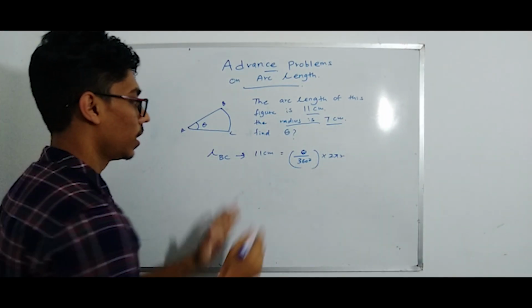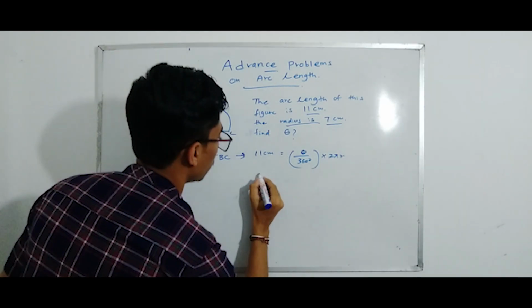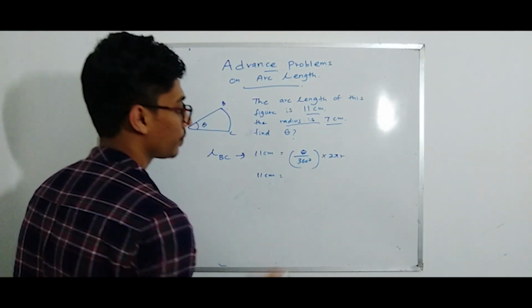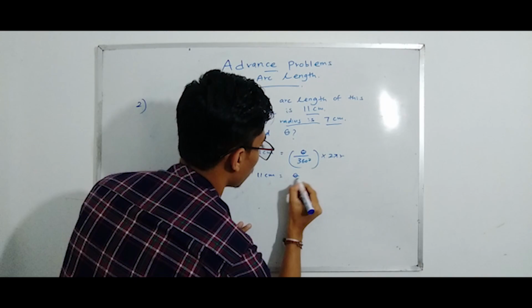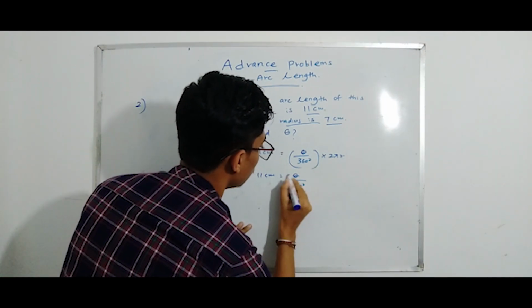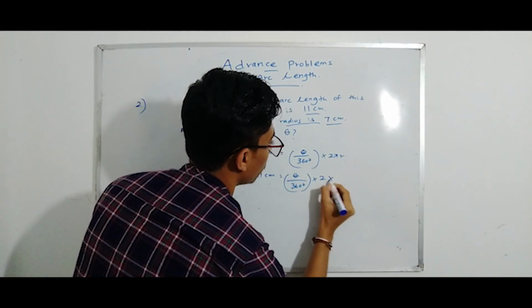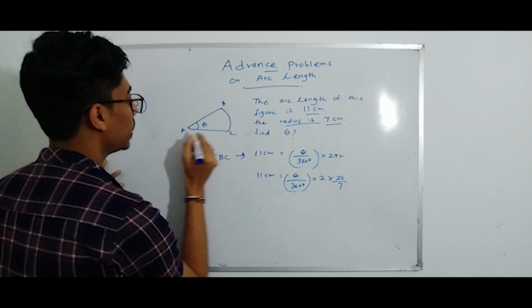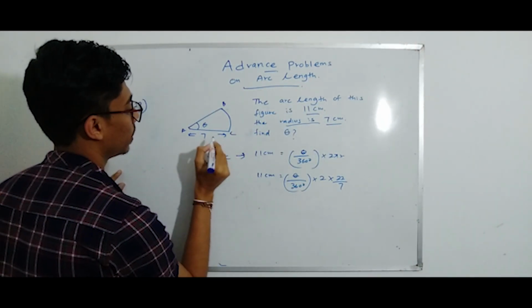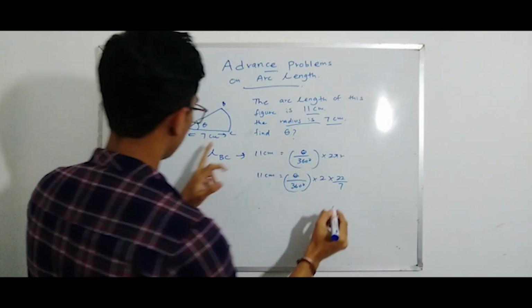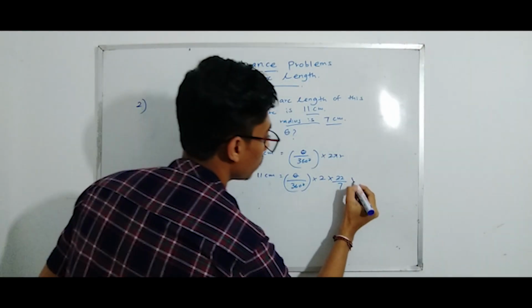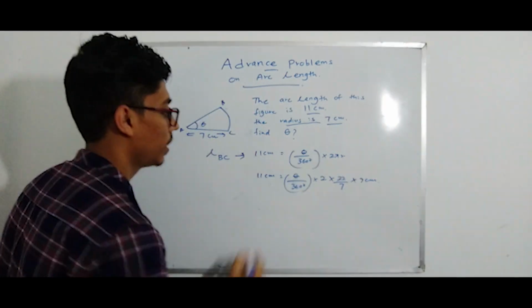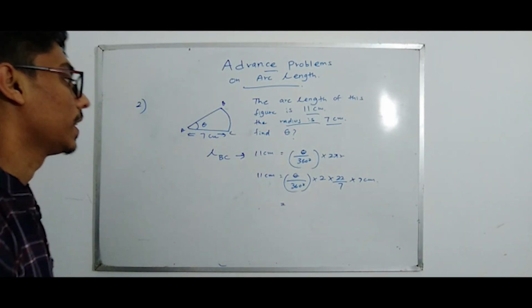Now I put an arrow here. So I'm going to solve the equation from here. I have 11 centimeters here. Theta over 360 degrees into 2 into the value of pi is 22 upon 7, and the radius here is 7 centimeters. We write that 7, the same thing, right? Right.